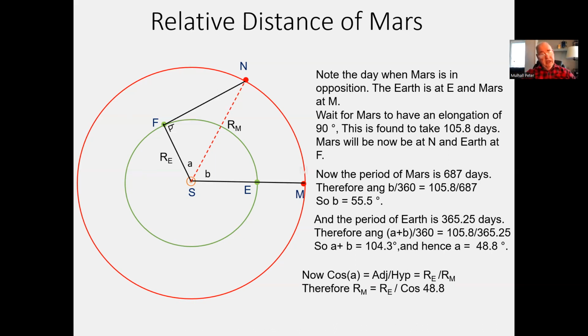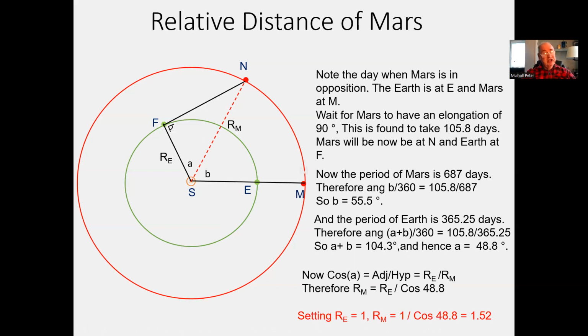We know A plus B, we can subtract and get angle A. Angle A is 48 degrees. And the cosine of A, again, is the adjacent over the hypotenuse, is RE over RM. So the radius of the orbit of Mars is 1 times the cosine of 48 degrees, and you calculate that to be 1.52.